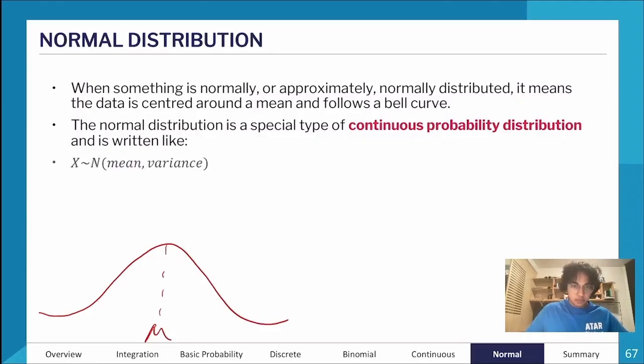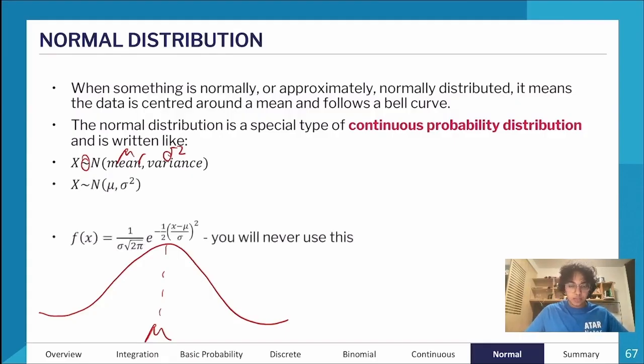Like with binomial, there's a way we write it. In this case, we write X is distributed with N for normal, of mu, comma, sigma squared, or variance. The actual equation for a normal distribution is this, and you will never use this.